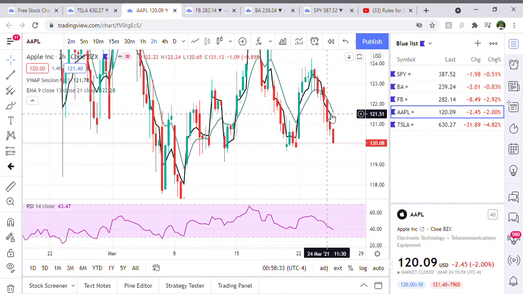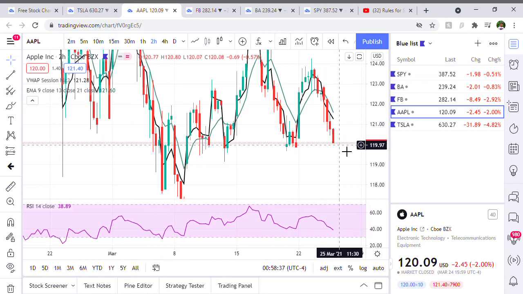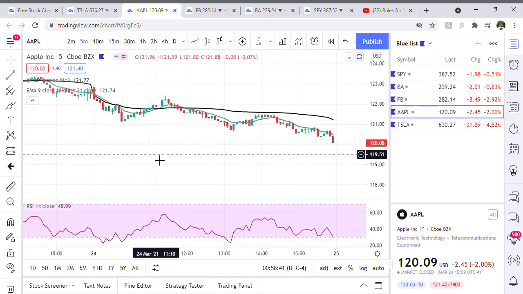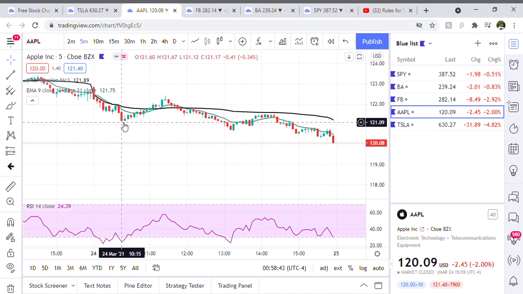I can show you Apple again. So Apple was also in a bearish trend. This is with the 9 EMA. Suppose I take this particular point, this is at 121.09. I'll look for an entry below 120.90.